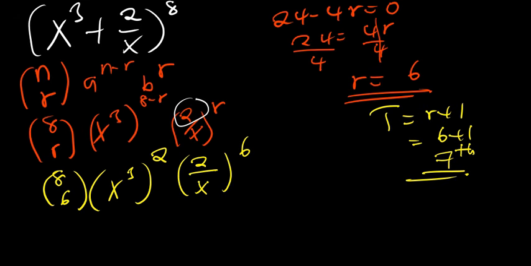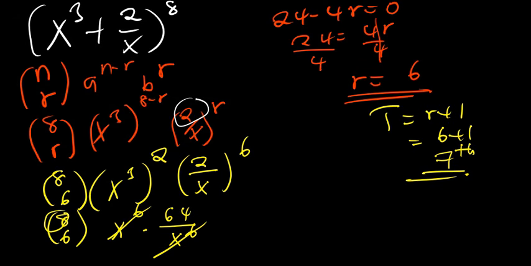And for sure you are going to see that this is indeed the term independent of x, because x to the power 3 times 2 is x to the power 6, and 2 to the power 6 is 64 divided by x to the power 6. So x to the power 6 and x to the power 6 will cancel. And that's where we find the term independent of x. So you use 8 factorial over 8 minus 6 factorial times 6 factorial. When you simplify that, times 64, that is the coefficient of the term independent of x.